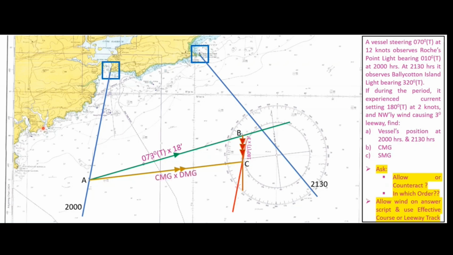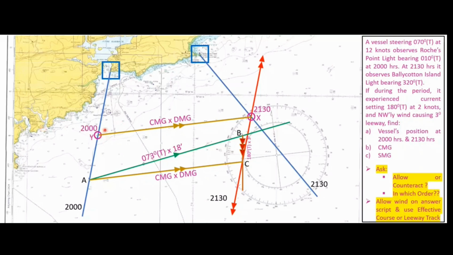So now we transfer the first PL through point C, mark with 2 arrows, indicate the time, and we get the position at 2130. Draw the CMG through this position, where it will cut the first PL, that becomes the position at 2000 hours.